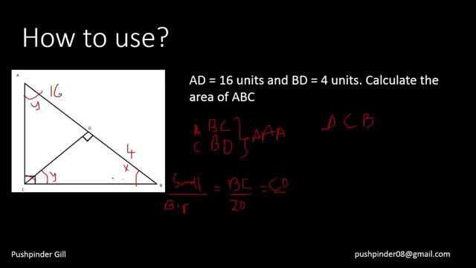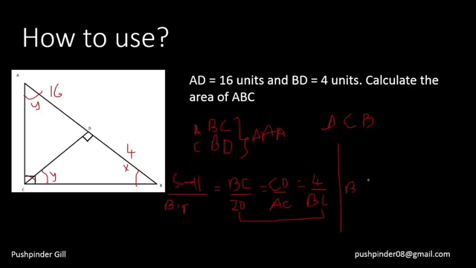And what is opposite to X for the bigger triangle? That is AC. Similarly, what is opposite to Y for the smaller triangle? That is 4. And what is opposite to Y for the bigger triangle? That is BC. So I just got this equation, and I can see that I have to use this and I have to use this.